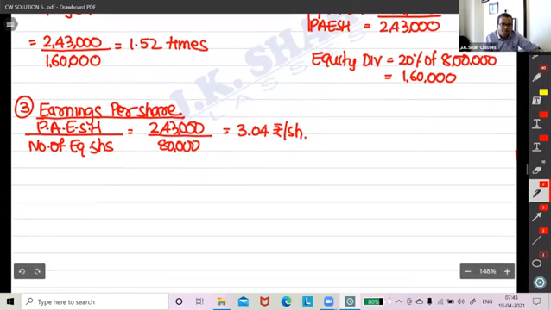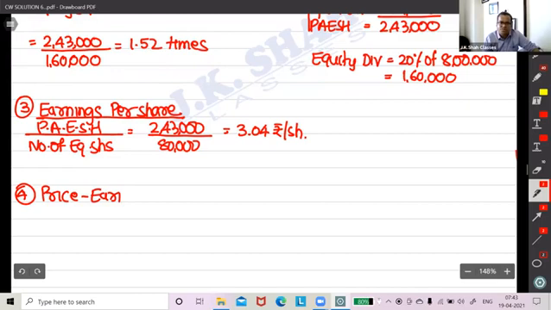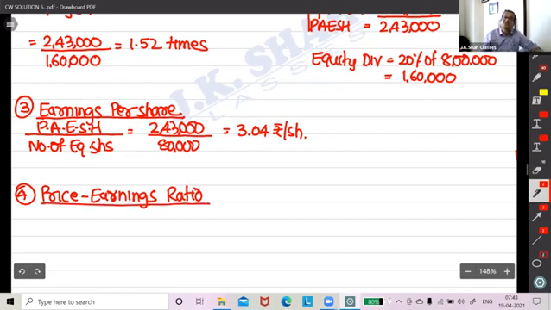Okay. Next, what is asked? PE ratio, price earnings, what we had discussed, you remember? Ratio of price with that of earning. Price means market price. So MPS upon EPS. Right?